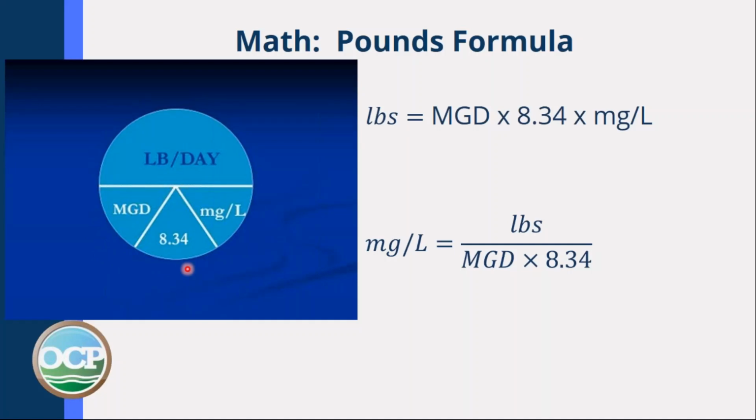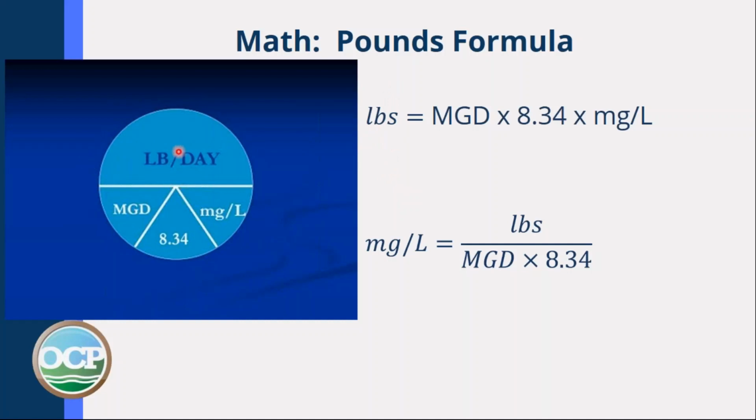The purpose of this is to determine really two things: the amount of pounds of material that is in the wastewater system, or the concentration of something that's in the wastewater system, either as a sample or a dosage. So you will see in this bottom formula, this is either a dosage or a concentration.